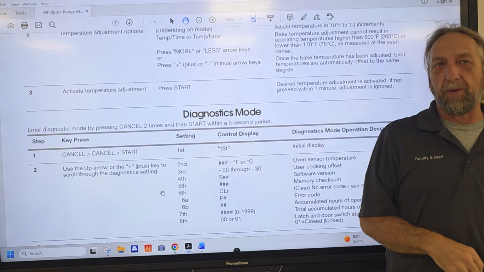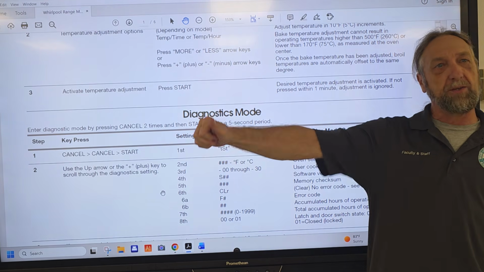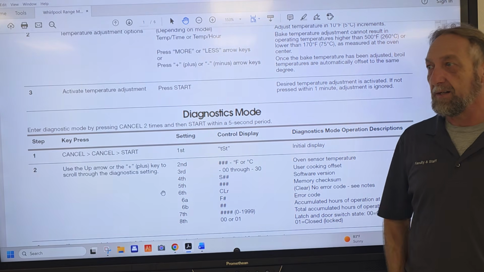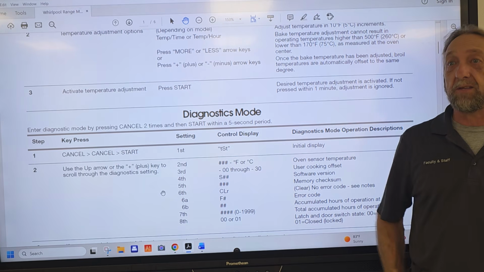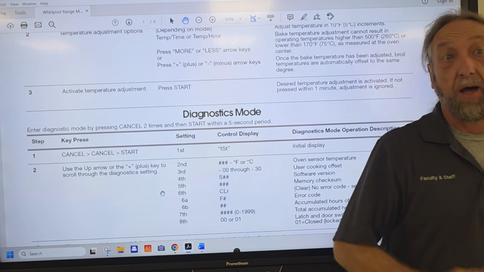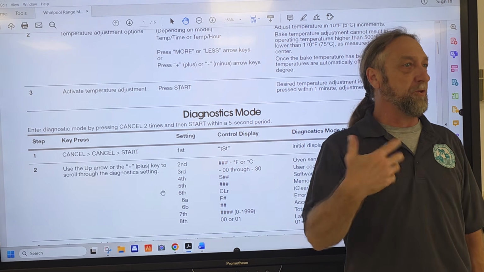Why do they do something like that? Why are they making you press cancel, cancel, start? Why can't they just have one button take you right into diagnostics? Customers could go into diagnostics, and in some cases diagnostics allows you to make changes to the temperature of the oven or other things, and the customer could screw things up.